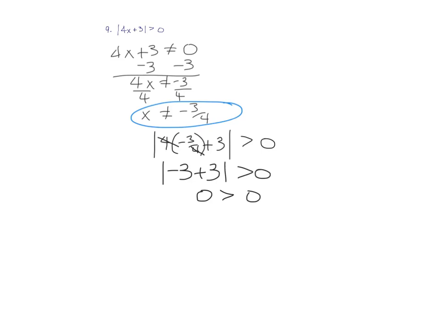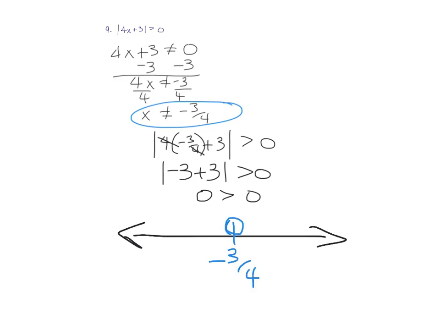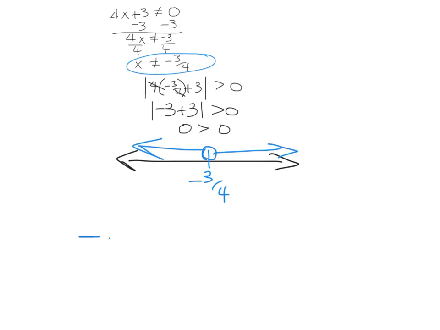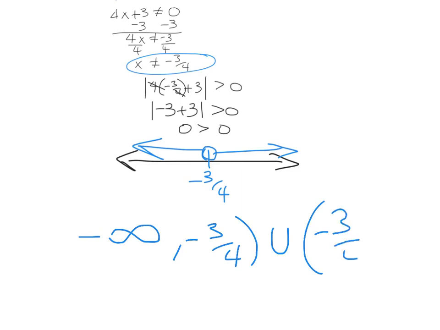because if you think about it on the number line, it's going to be the entire number line except where -3/4 is. So there's going to be like a hole here because it's just a greater than symbol, and then everything to this side and everything to this side. And the way that you'll write it in interval notation will be from -infinity up to -3/4, union with -3/4 to positive infinity.